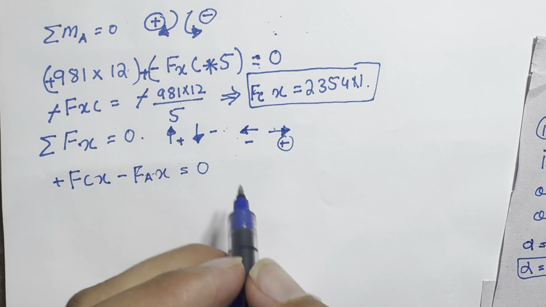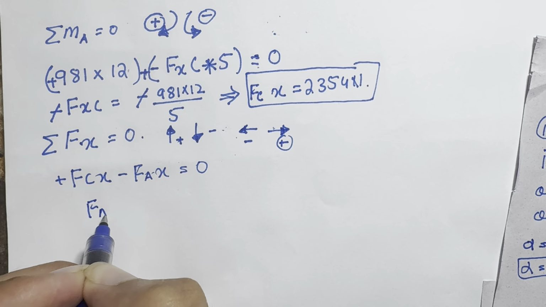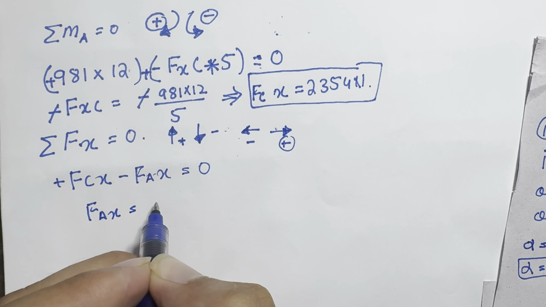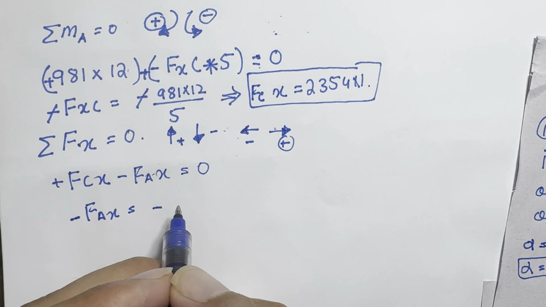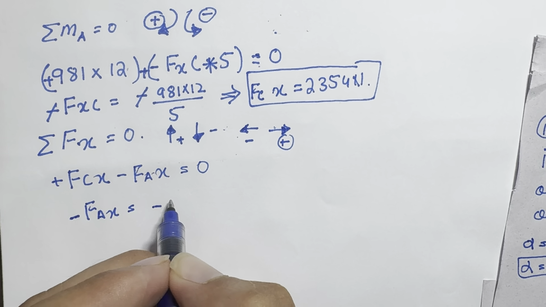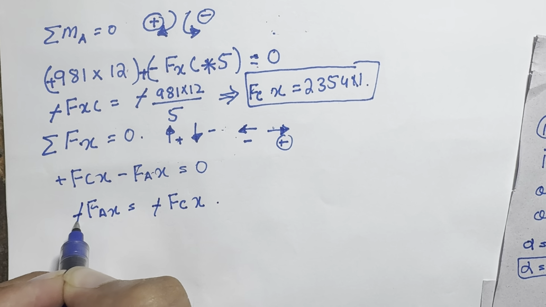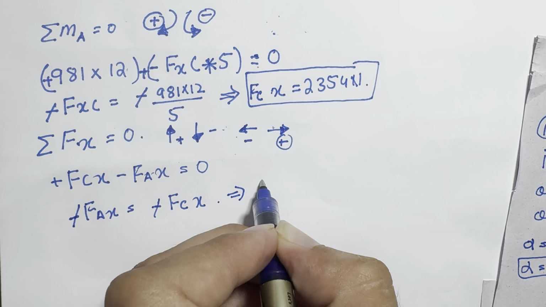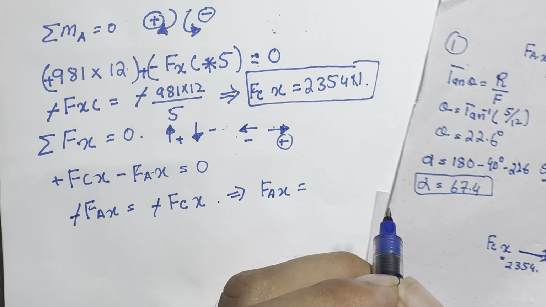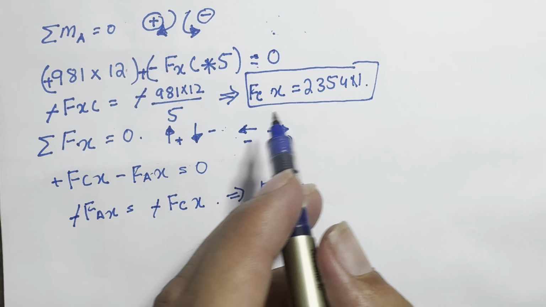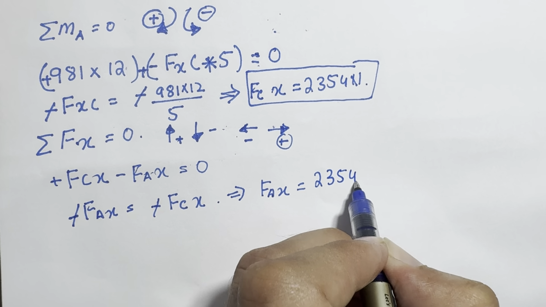I know the value of FCX, so FAX will become equal to, moving it to the left side, the negative signs cancel out, and FAX equals the FCX value, 2354 Newton.